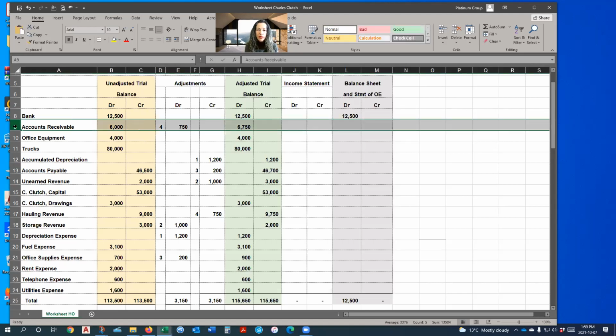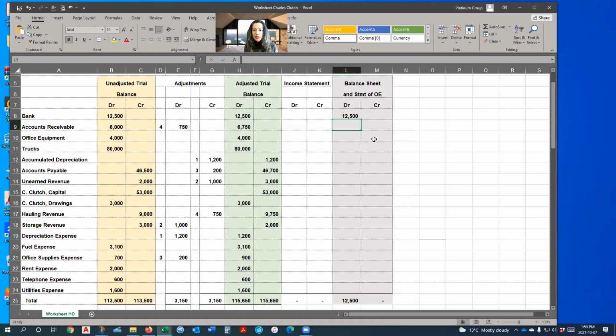Accounts receivable, row 9. What type of account is accounts receivable? We've got $6,750 in our adjusted trial balance. It's an asset. Where are assets located? On the balance sheet. It's a debit in our adjusted trial balance. So it will also be a debit in our balance sheet.